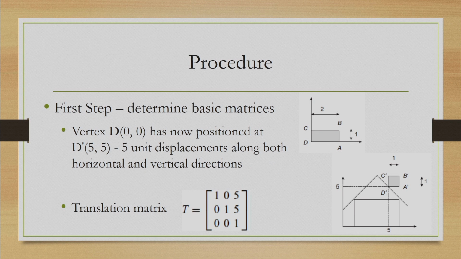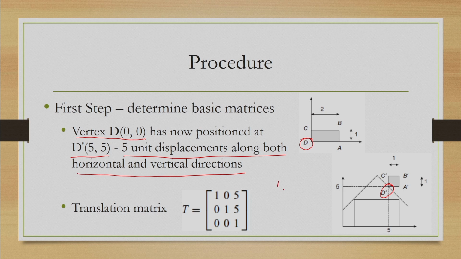Now, translation, the second basic transformation that we require. Here the vertex D was the origin, as you can see here, where it got transferred to D dash. Now, what is the vertex position of the transformed point? That is 5 5. So, origin got repositioned to 5 5. That is essentially 5 unit displacement along both horizontal and vertical directions.